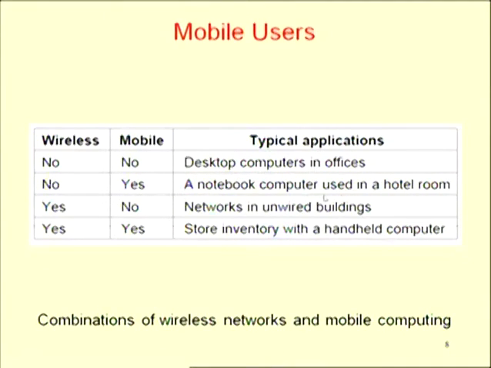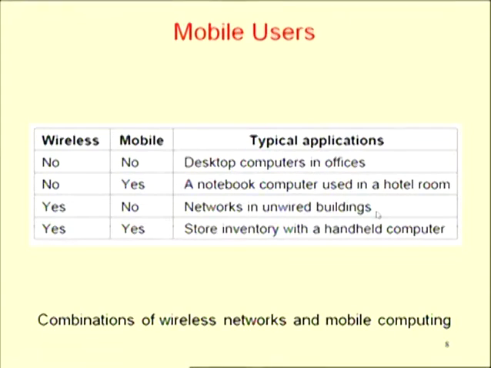A notebook computer used in a hotel room, yes, this is an example of mobile computing, and it's not an example of wireless. If the user is using the telecom services, in that case it is true.